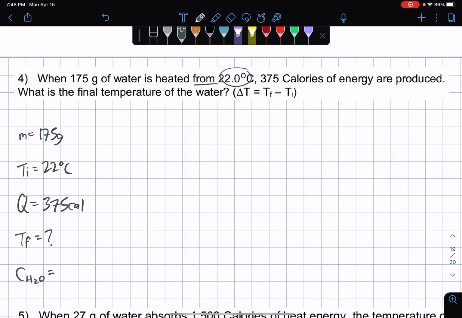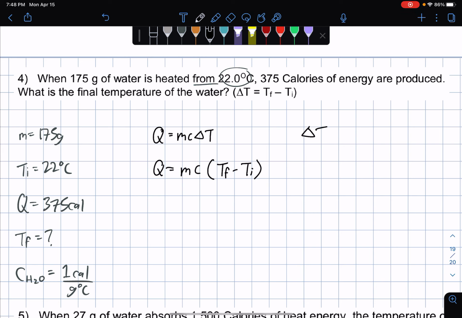The specific heat of water is 1 calorie over grams times degrees Celsius. So Q is equal to mcΔT. We can turn the formula this way: Tf minus Ti. The scenario says the water is heated, so the final temperature is expected to be higher.